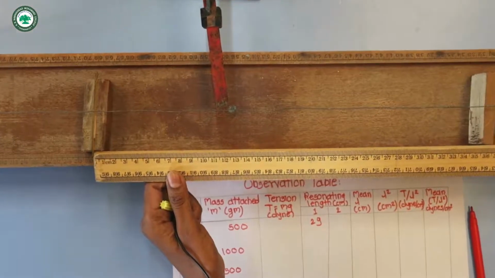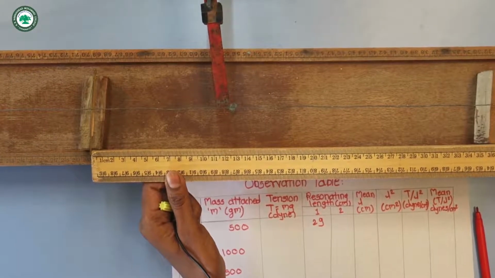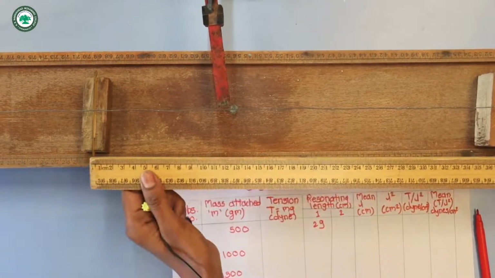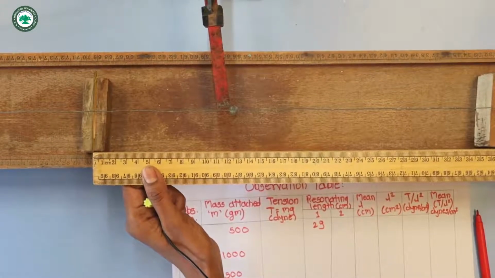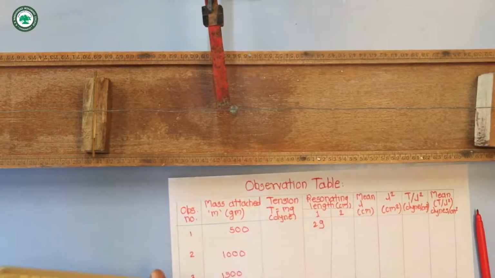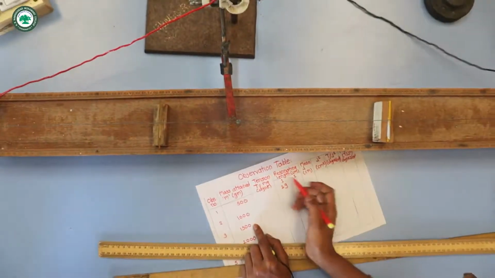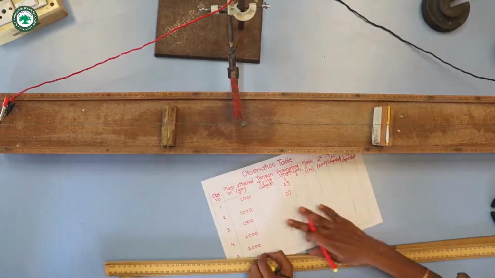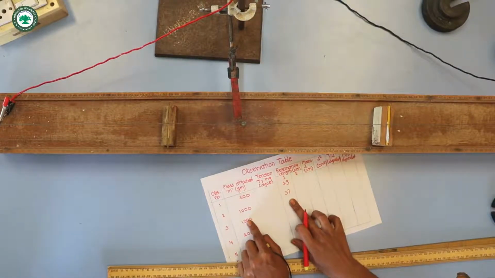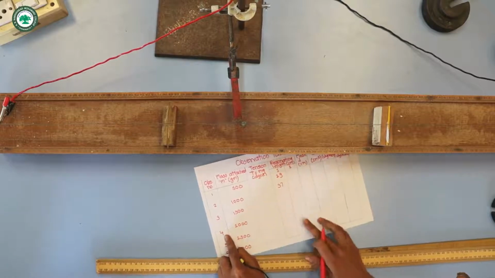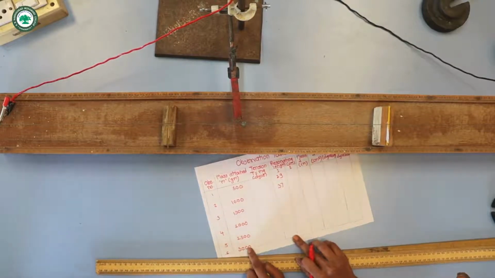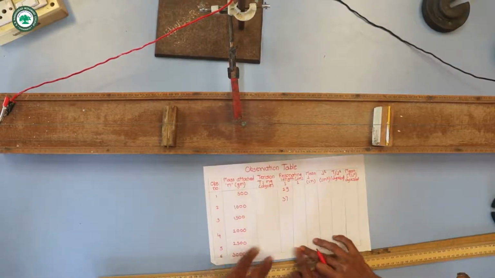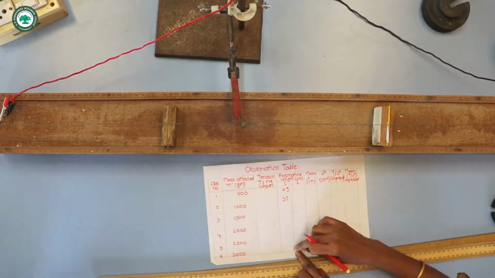This length is 37 centimeter. So I will write here 37 centimeter. In this way, one has to find out the resonating length for the various masses attached up to 3000 grams. So this is the column for loading, and again one has to take the same readings for unloading.